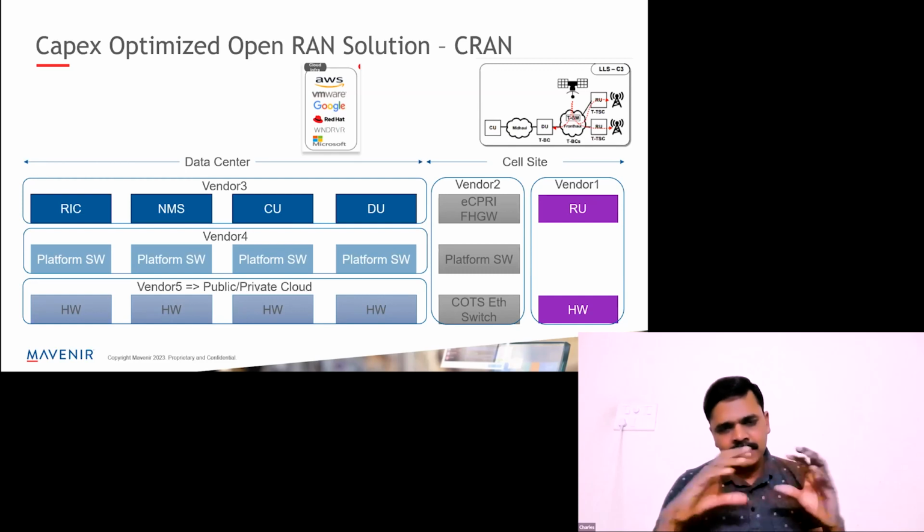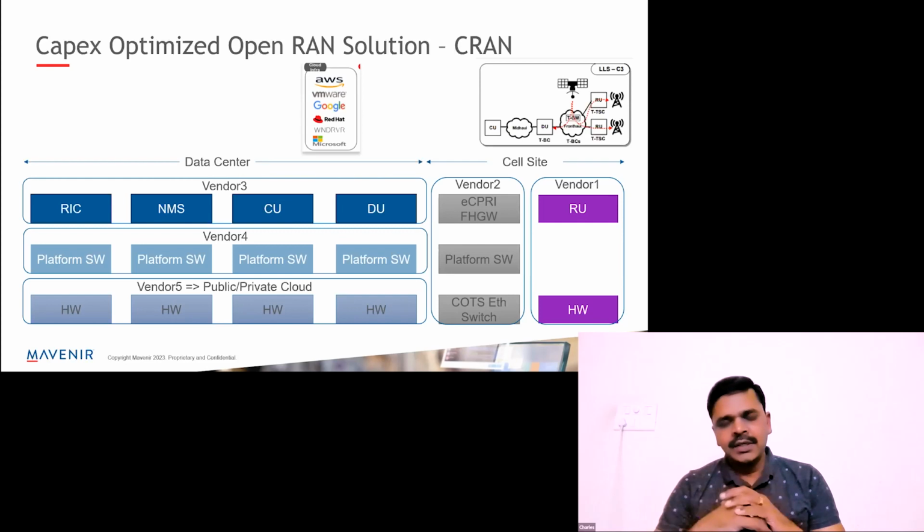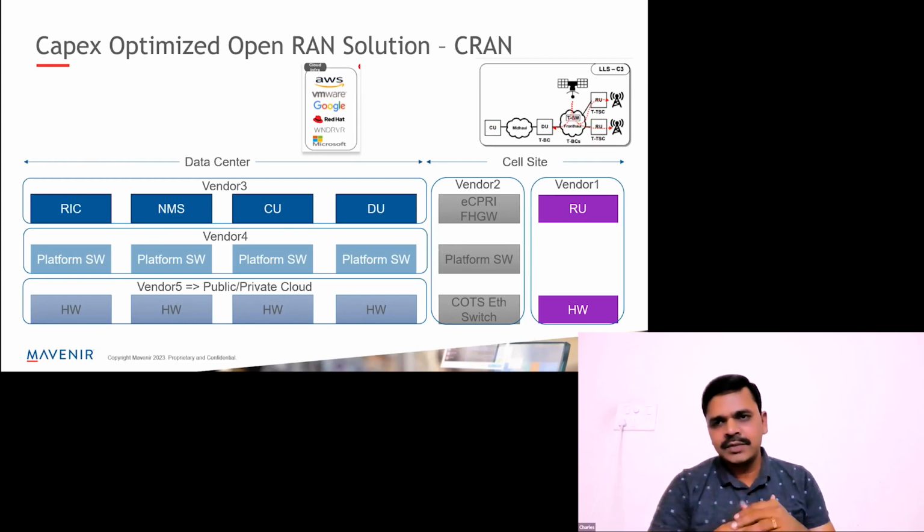By decoupling the complete infrastructure layer from the application layer, the flexibility is that you continue to utilize whatever infrastructure automation tools the operator already has. For example, the entire core might already be in a containerized solution where they are employing automation tools to deploy and manage the lifecycle of all the applications running under the core.